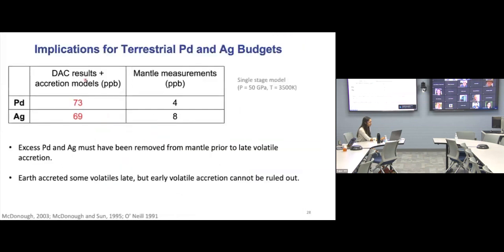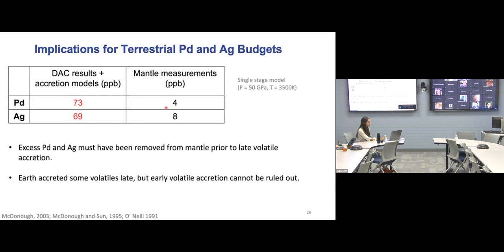And what we found was that core mantle differentiation in the Earth would have enriched the Earth's mantle in both of these elements relative to what we measure today. So there's clearly a discrepancy between what core mantle differentiation can put into the mantle, and what we're measuring.